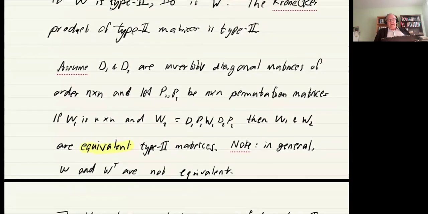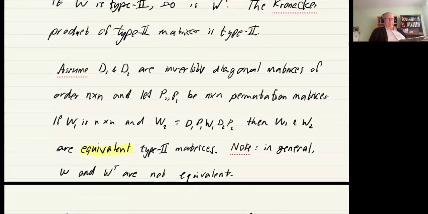Now, the next thing, of course, is with matrices like this, there are questions about when two things are equivalent. And so what operations are we going to allow? Well, if I permute the rows or permute the columns of a type 2 matrix, it's still type 2. If I multiply rows or columns by non-zero scalars, it's still type 2.